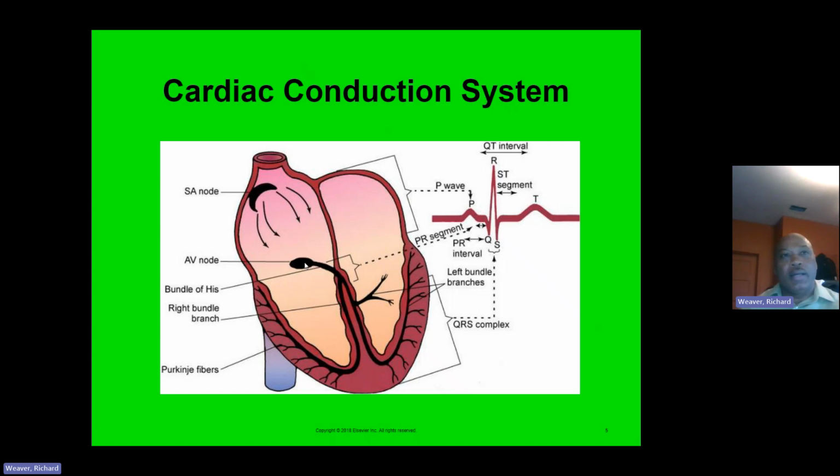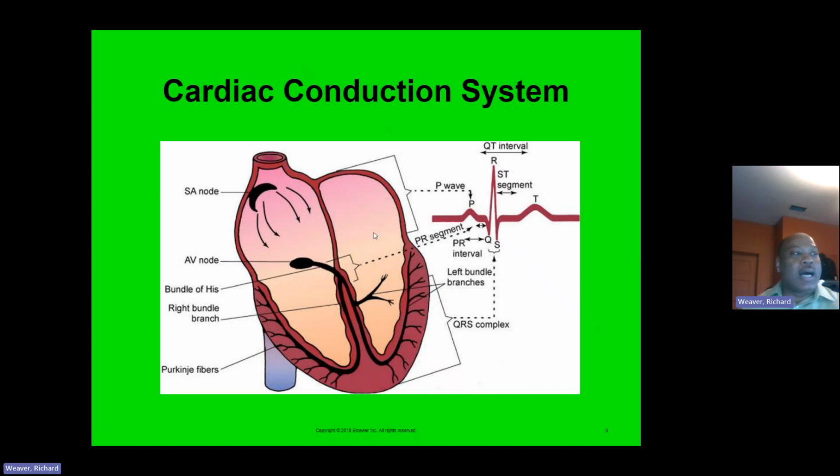The reason there is a delay is because the left and right atria have to squeeze all of their contents into both the left and right ventricle before that impulse continues. It happens very quickly.